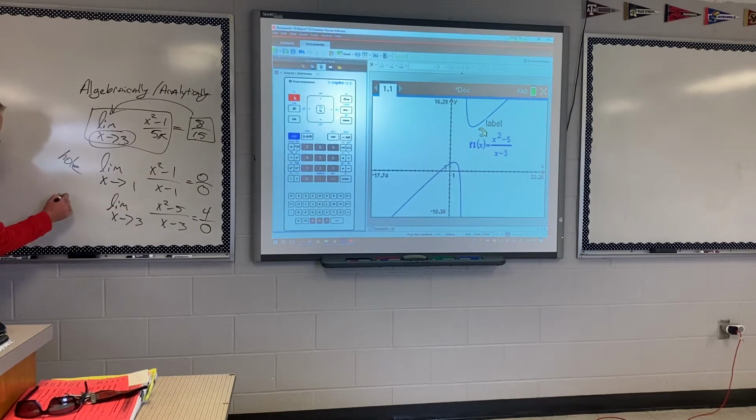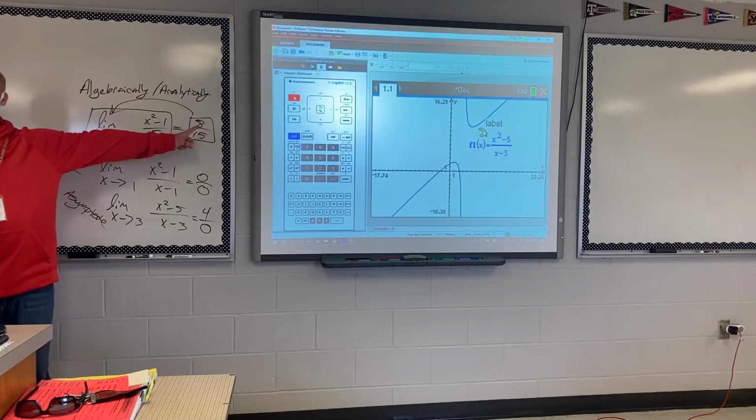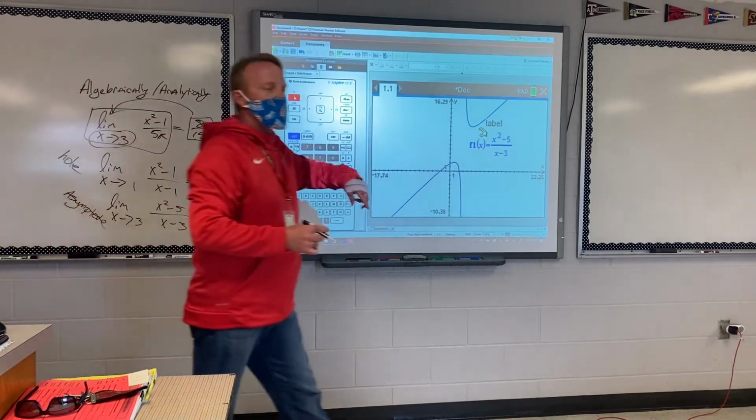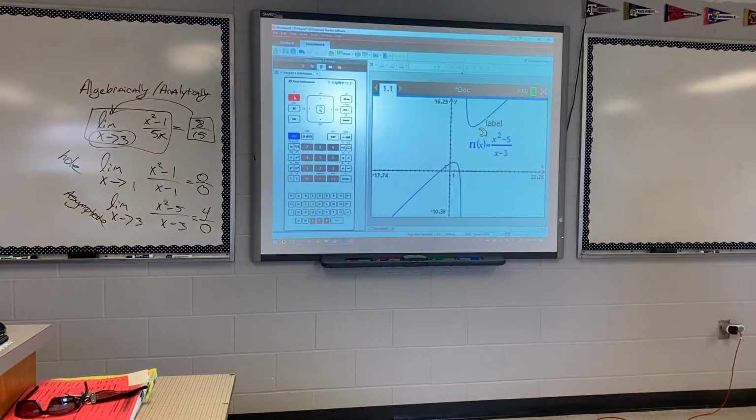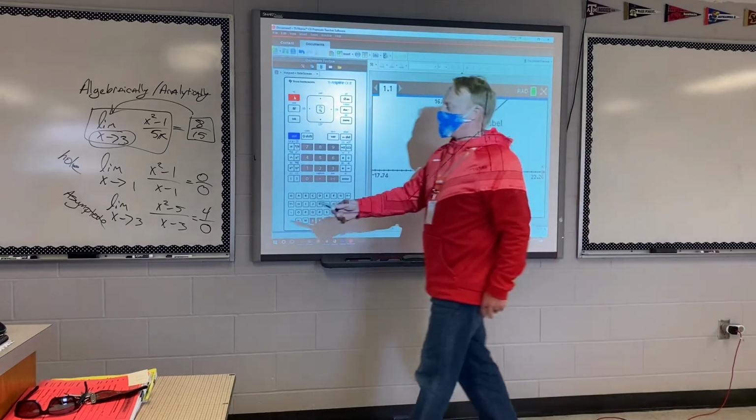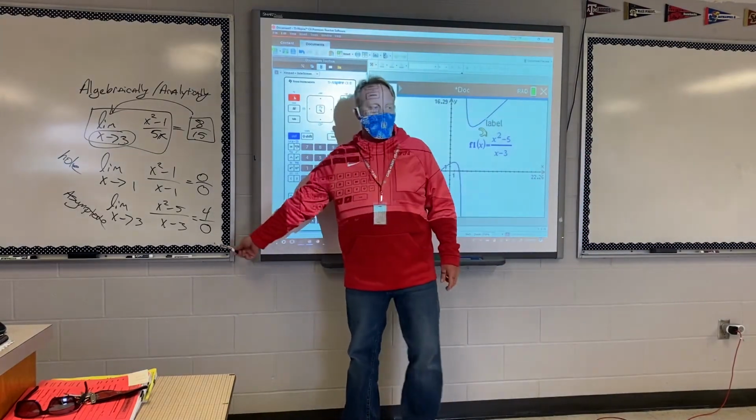If I get a number over 0, that means we're dealing with an asymptote. And if I get a number, what does that mean? My answer is my limit. What does that mean graphically? Do I have a hole or a limit? No. I have no issues with my graph if I ended up with a number. I only have issues with my graph if it's 0 over 0 or a number over 0.